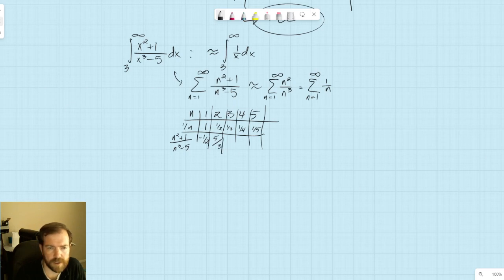All right, so now we get serious. So 3 squared is 9 plus 1 is 10, divided by 3 cubed is 27 minus 5, which is 22. So it's going to be 5 over 11. So actually this should be from 3 to infinity because we're only including those numbers, not 1.